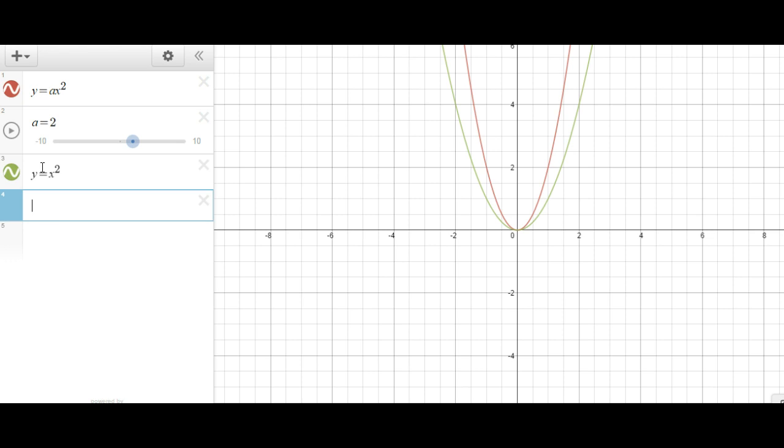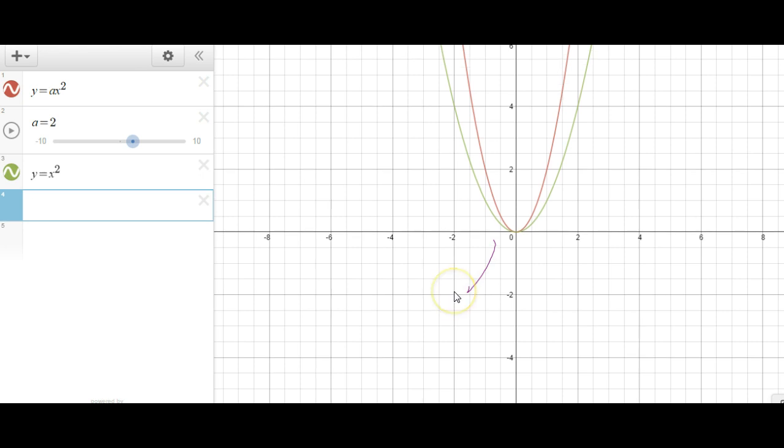So if we go over 1, you've got to watch scale on this thing. That's not 1, that's a half. So if I go over 1, the normal graph goes up 1. Go over 2, it goes up 4. Now I go over 1, and this has gone up 2.